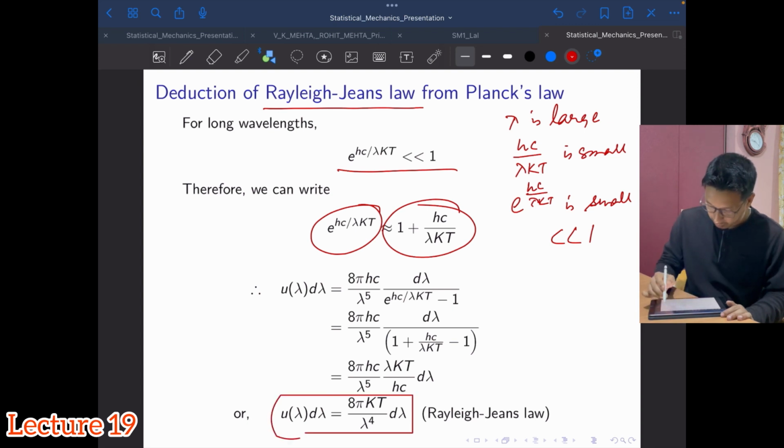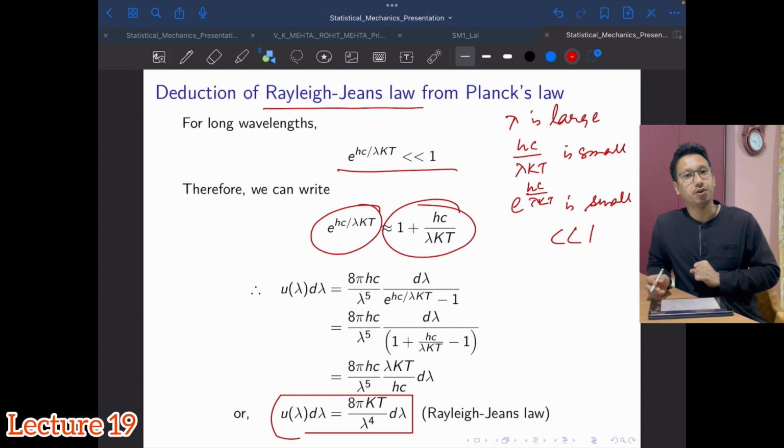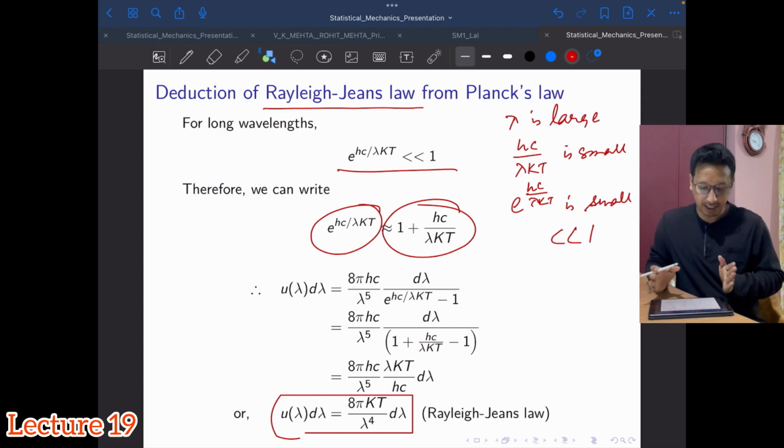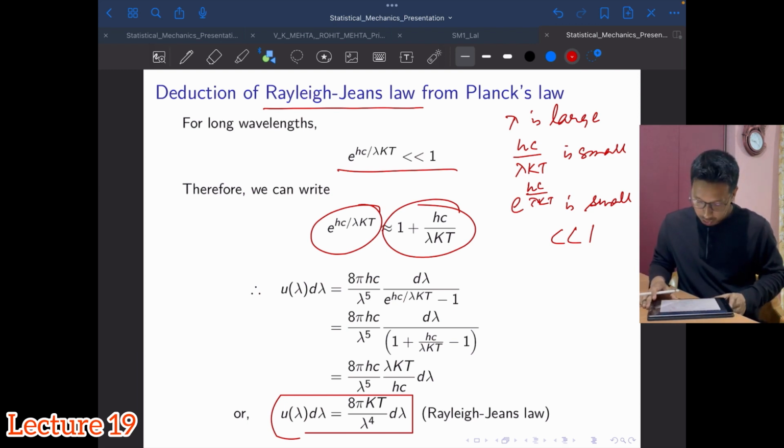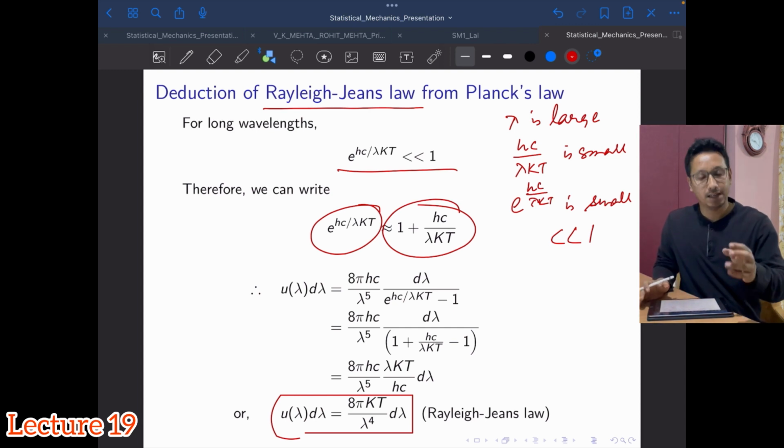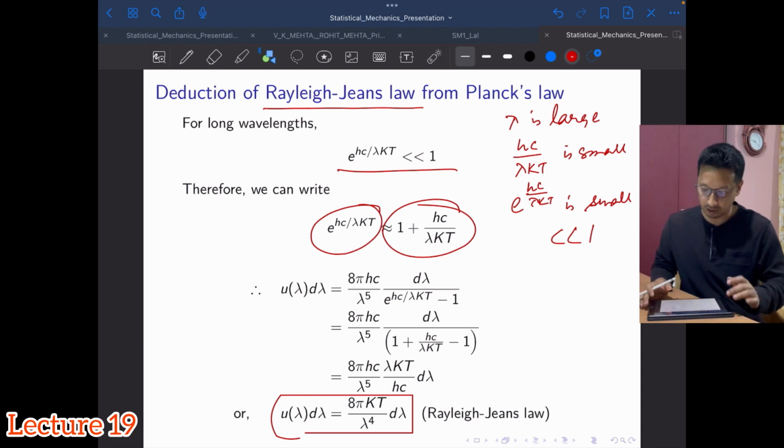This could explain successfully the blackbody spectrum obtained experimentally for the longer wavelength part. As you can see, by simply imposing the conditions of shorter or longer wavelength, we could derive Wien's distribution law as well as the Rayleigh-Jeans distribution law from Planck's radiation law.